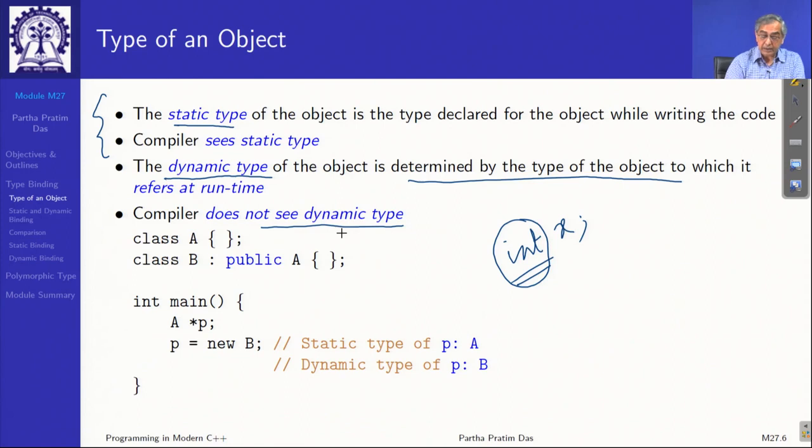There are two classes, A and B, where B is derived from A, a specialization of that. I have a pointer P of type A star, and I am doing new B, that is constructing an object of the B class type. So, if I think of the type of P, it is declared as A star.